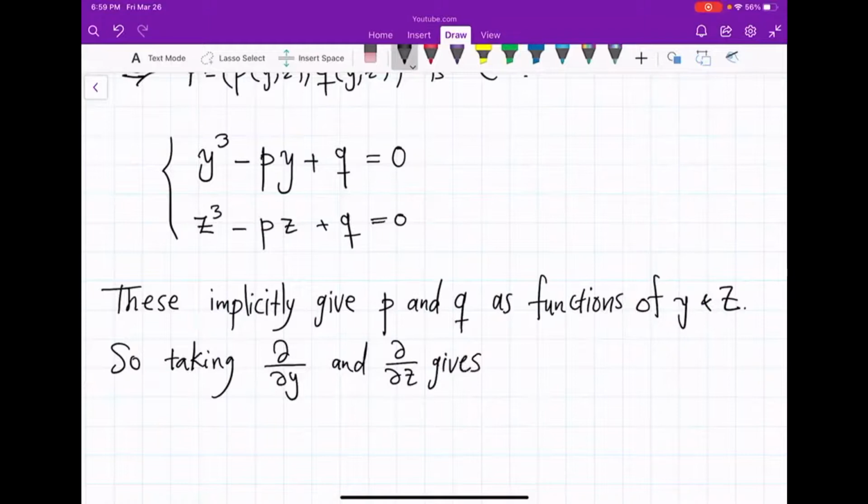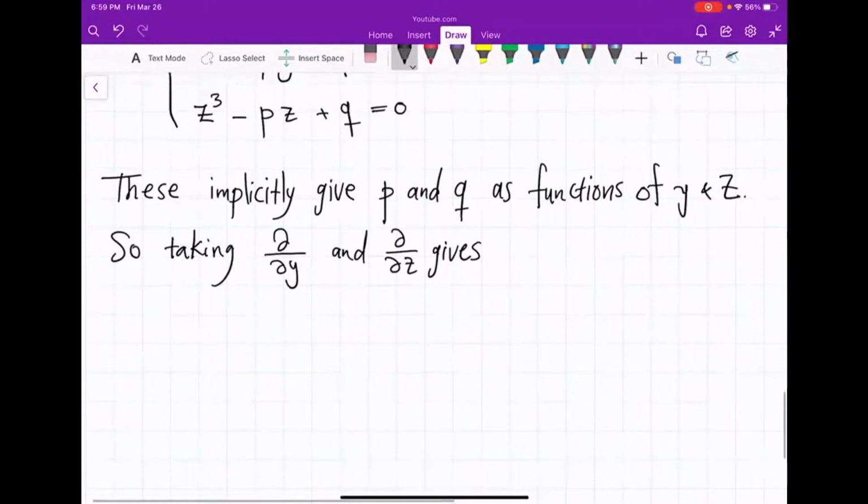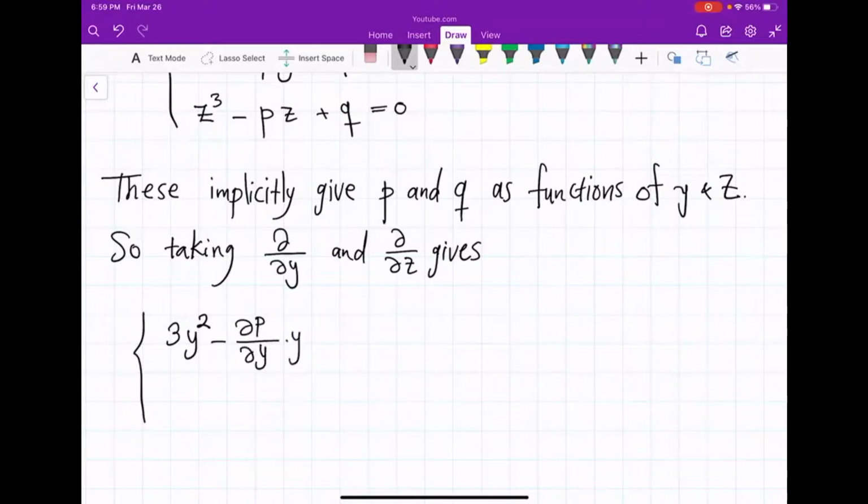the following formulas, which I have computed and simplified for you. What you get is that 3y squared minus partial p partial y multiplied by y minus p plus partial q partial y is 0.